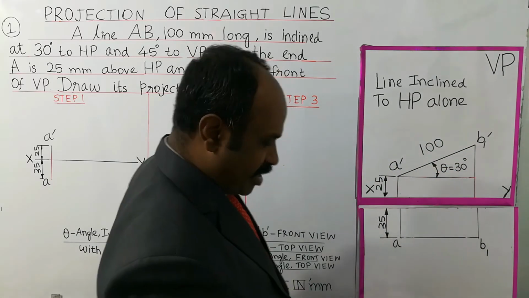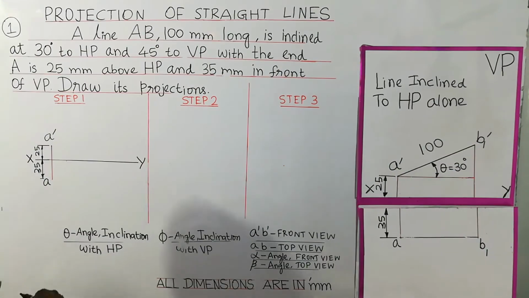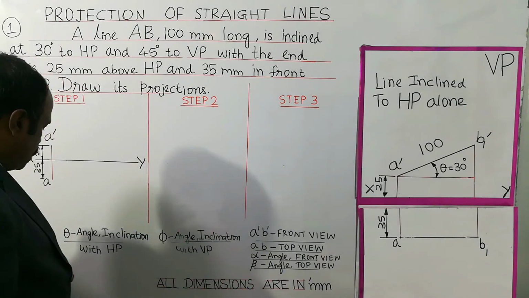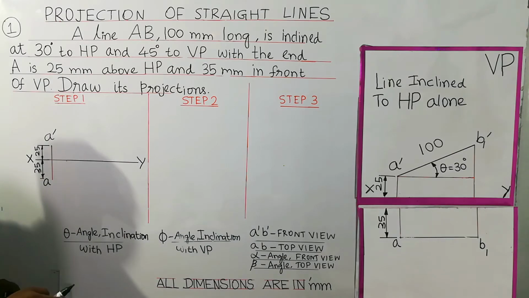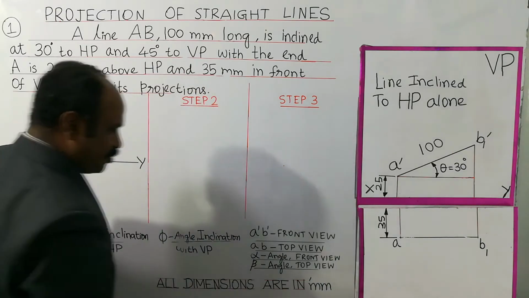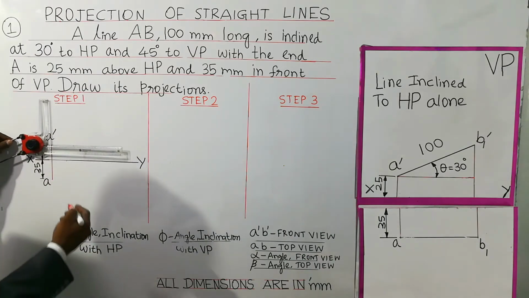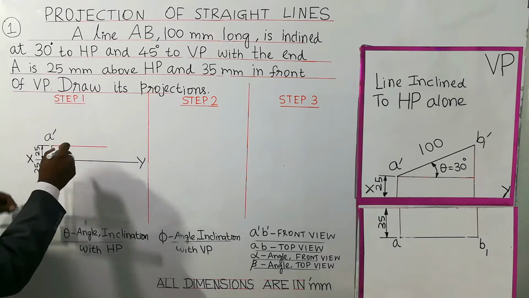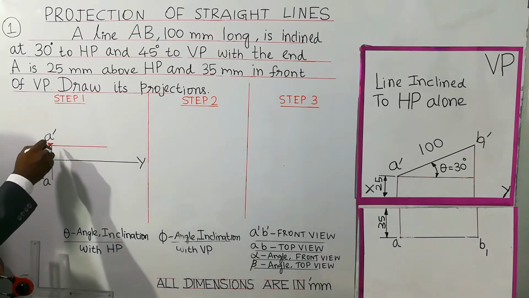So take your protractor, and before that draw one reference line using a 2H pencil, the pencil used to draw projection lines. It's a horizontal line passing through point A dash.